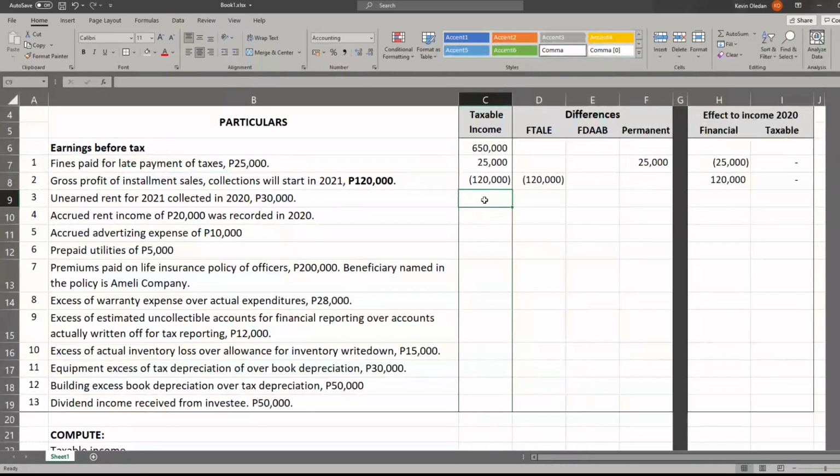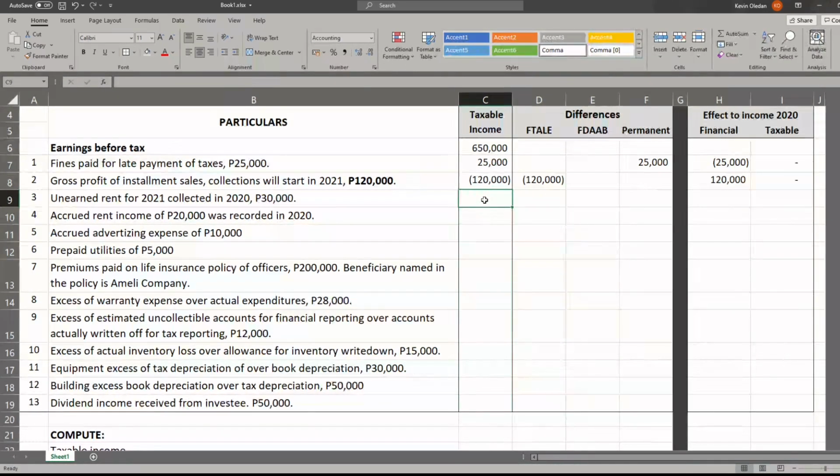Number 3, unearned rent for 2021. It's a rent for 2021, collected in 2020. O eto, you recorded unearned rent, a liability. Right? It is collected in 2020 already. What's the fundamental principle again?